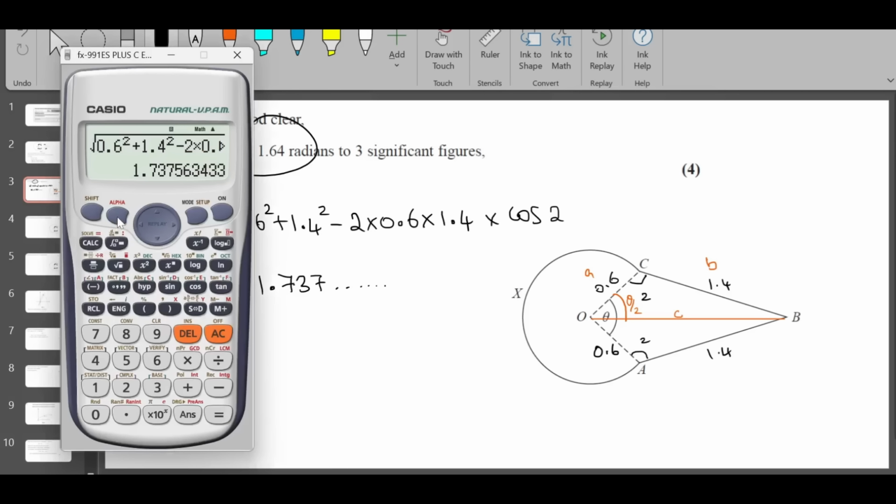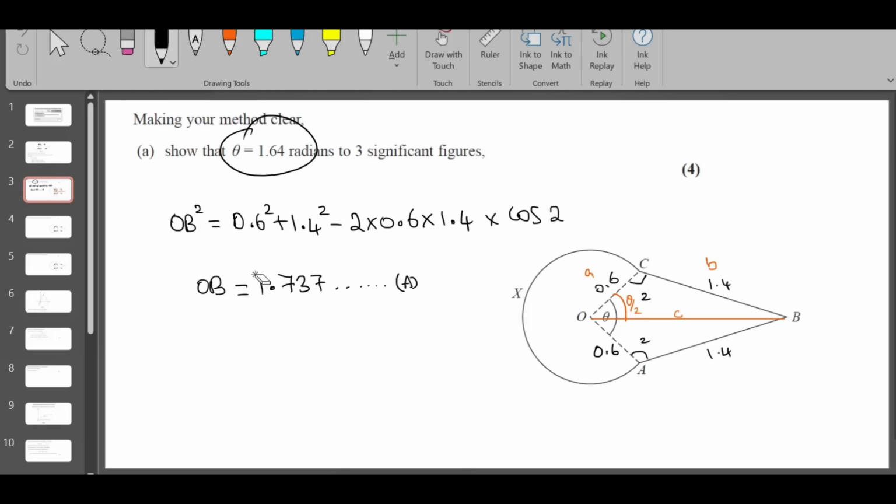So I'm going to store the value as A and put a little reference here. Now we know the value of this OB also.